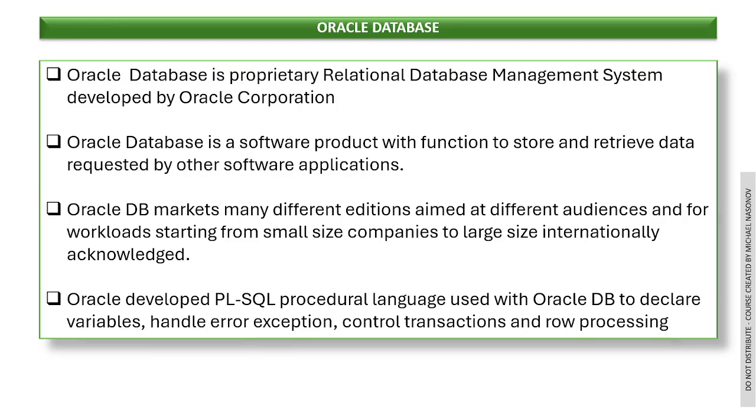Oracle DB markets many different editions aimed at different audiences and workloads, starting from small to huge companies. Also, like MS SQL Server, you might download Oracle DB as a community edition. Oracle developed the PL/SQL procedural language used with Oracle DB to declare variables, handle error exceptions, control transactions, and do row processing. It's like a programming language, also called a procedural language.